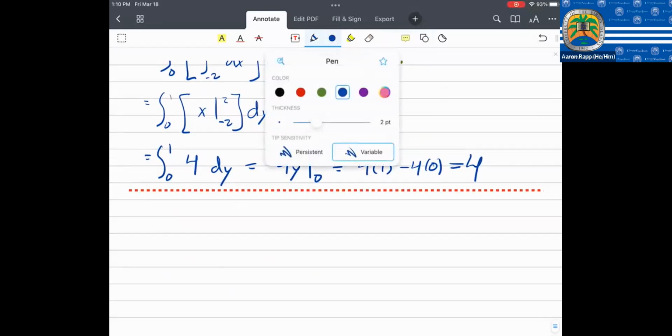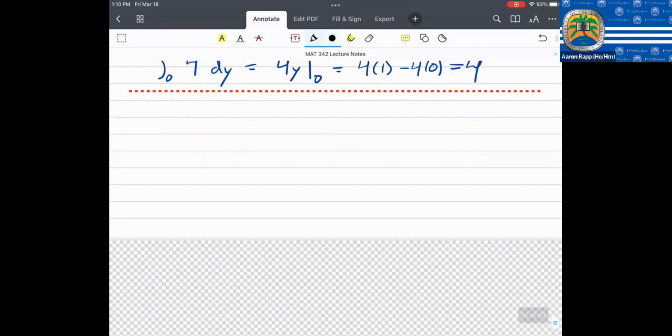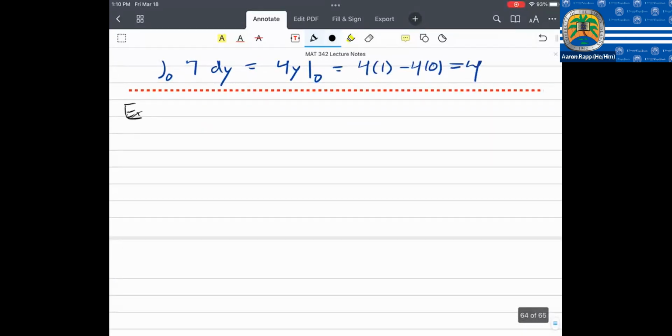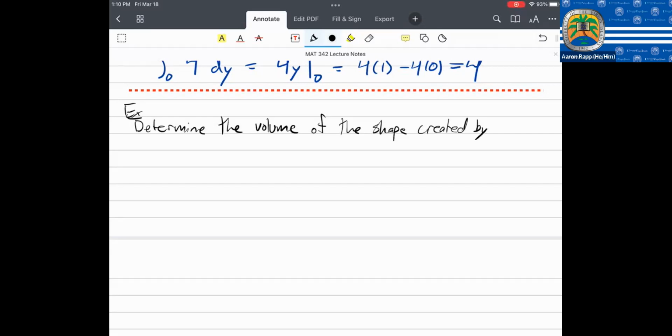So, let's determine the volume of the shape created by the function f(x,y) being e to the 2x plus 2y, over region R, which we're going to say is 0 to 4 and -1 to 2. So I have to set up my integration. That's the first big step.